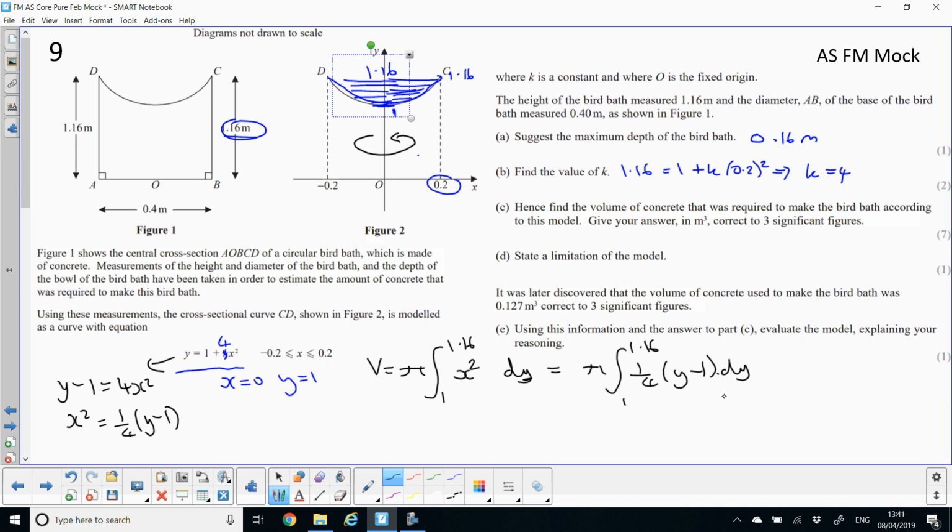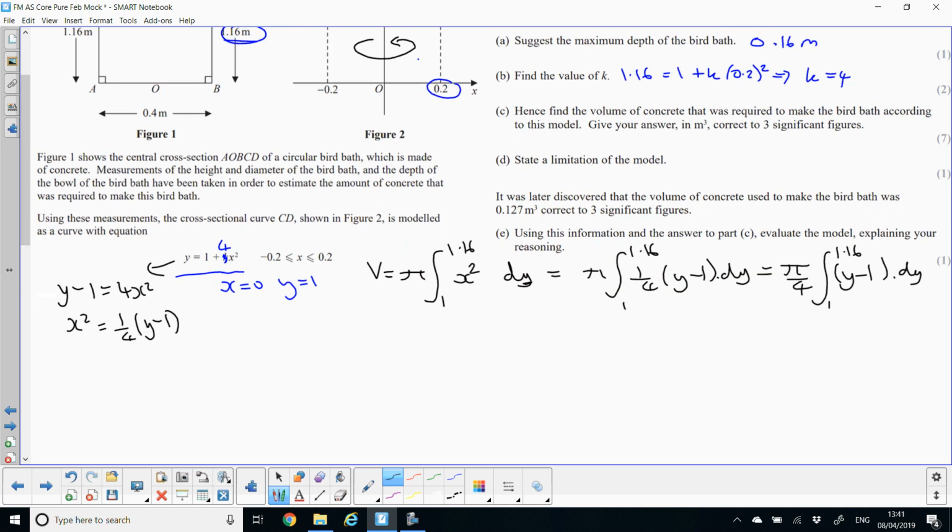You can leave the quarter inside the bracket, or if you remember that constants, as long as everything that you're integrating is multiplied by the constant, can go outside the bracket, we could write that as a quarter of pi at the front. And then I'm only integrating y minus 1. Volumes of revolution, you must show your integration.